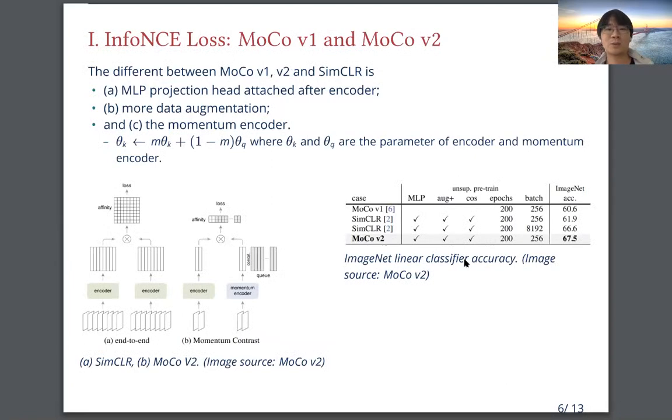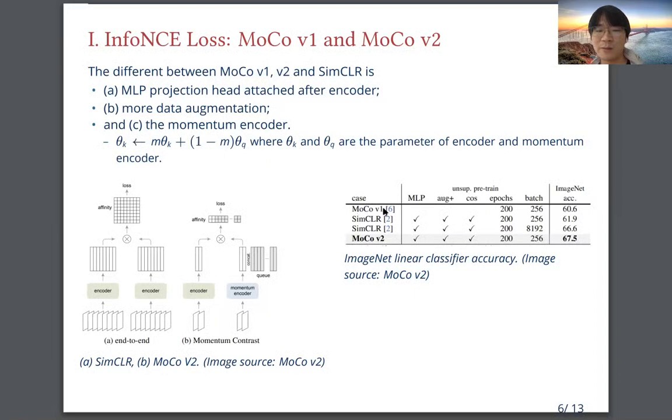And then there are two other works named MoCo version 1 and MoCo version 2. For this table summary of SimCLR, MoCo version 1 and MoCo version 2, what's their difference? Firstly, these three works use InfoNCE losses.